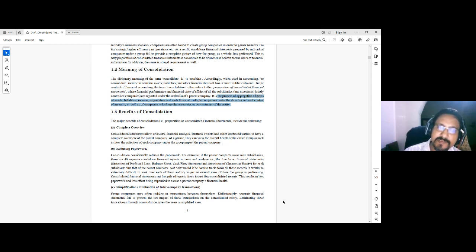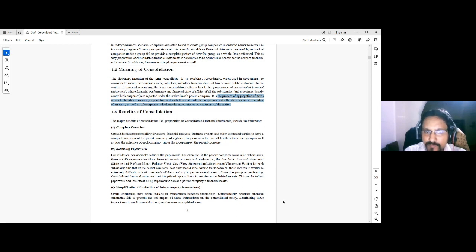That is, the parent company selling goods to the subsidiary and the subsidiary purchasing goods from the parent company. Both are recording the transaction separately, but when we are consolidating them, when we are making a group and want to prepare a complete financial statement, then basically the purchase of one company is equal to the sales of the other company.